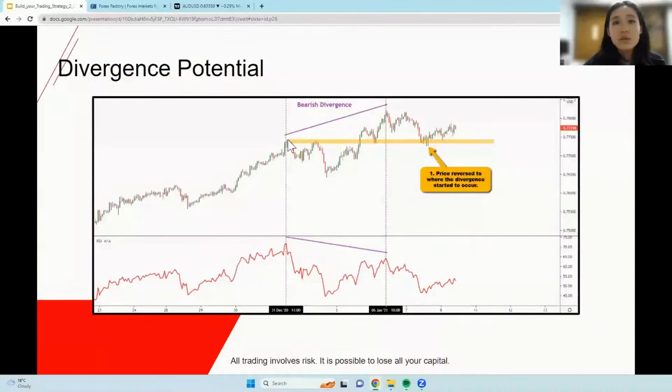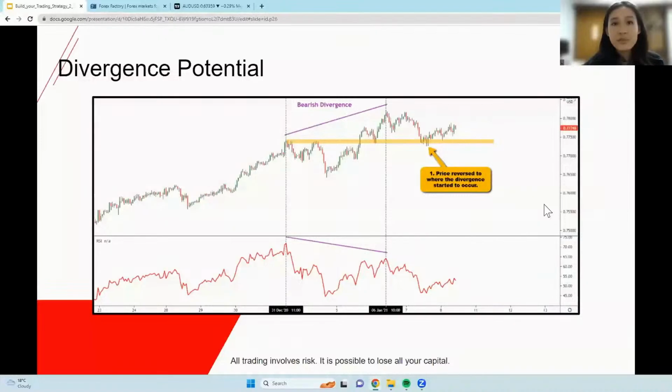And if you were here for the support and resistance webinars, you would know that this is called an overlap support. Basically, it's when price respects the bulls and bears of this level, so we have swing highs and swing lows that are touching the same level.